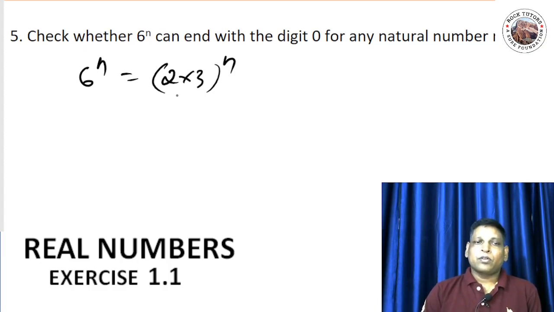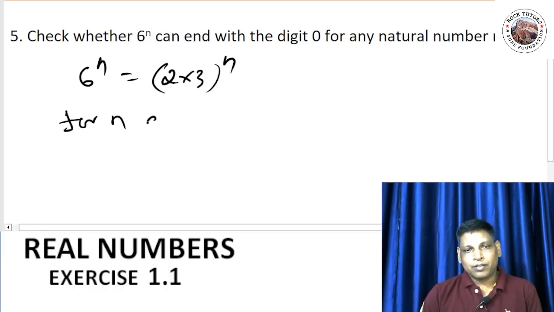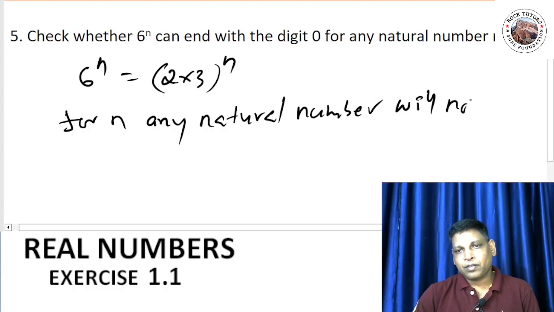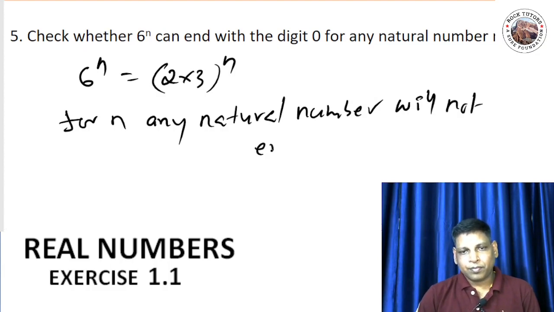That's why we can say that 6 power n, for any natural number n, will not end with 0.